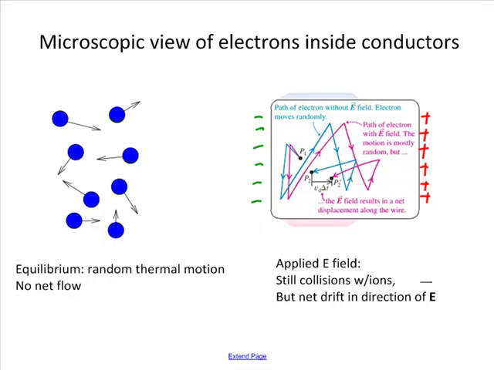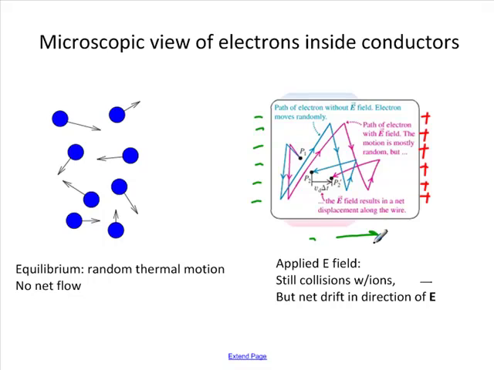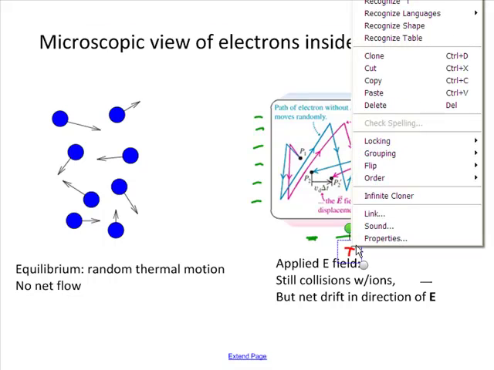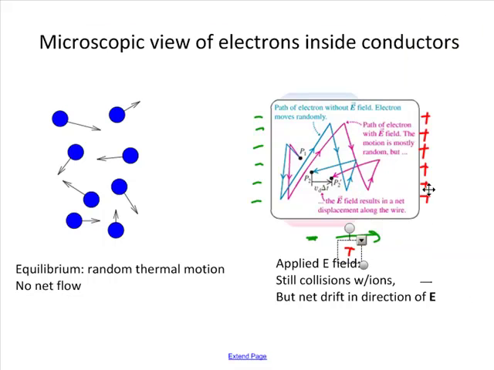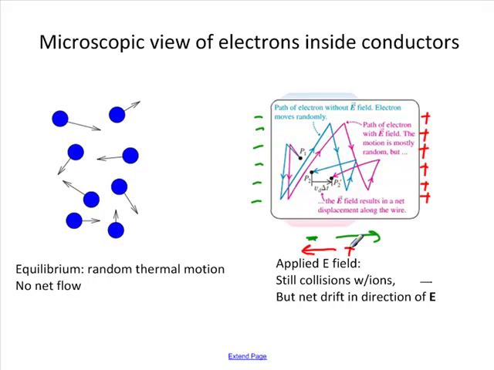Okay, so we have negative charges going right. But that's exactly the same effect as we would see if we had positive charges going away from the positives towards the negatives, that direction.